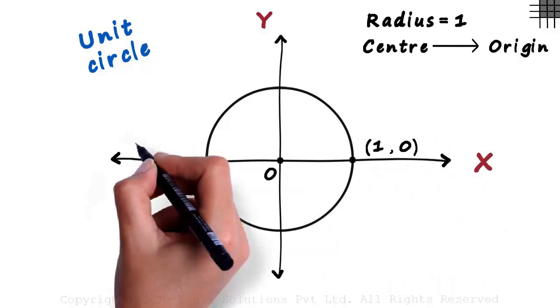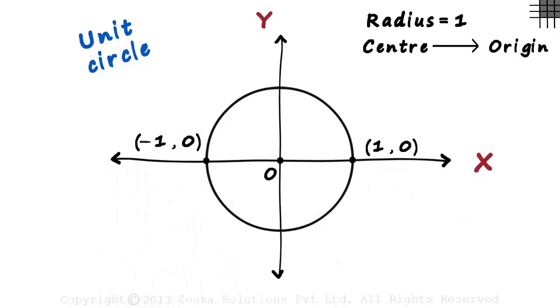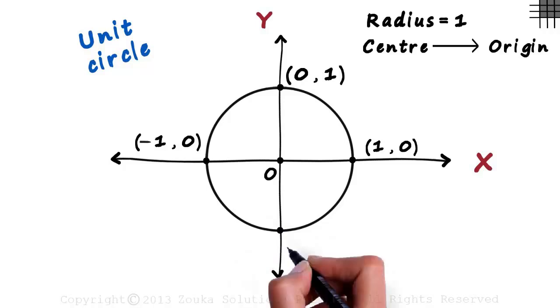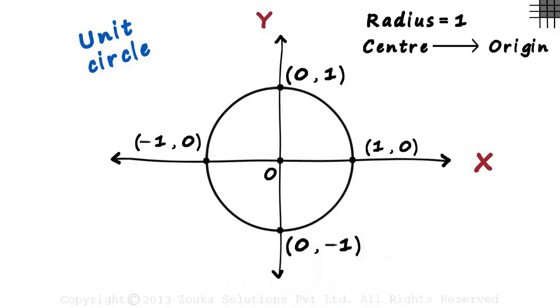Simple, it will be (-1, 0), as it's on the negative side of the x-axis. What about this point? As it lies on the y-axis, its x-coordinate will be 0 and the radius is 1 unit. Its coordinates will be (0, 1). Similarly, the coordinates of this point here will be (0, -1). This is the unit circle.